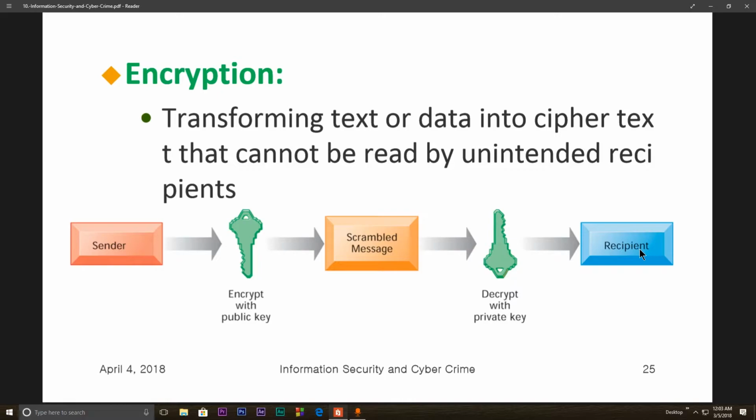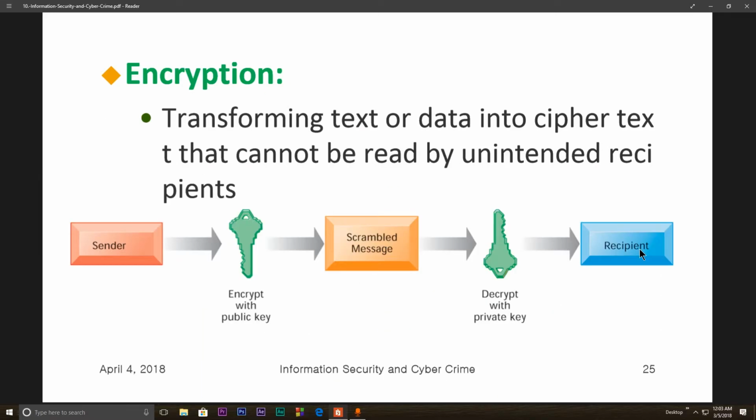The scrambled message in the middle cannot be read by any unauthorized person. Before it goes to the recipient, it will be decrypted with the private key, and only the recipient can decrypt it with the private key.